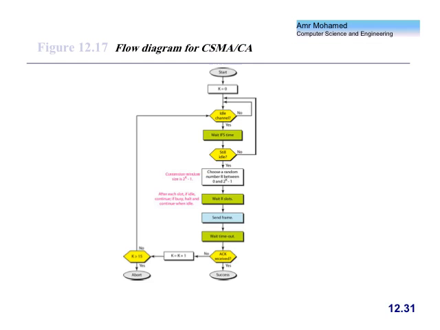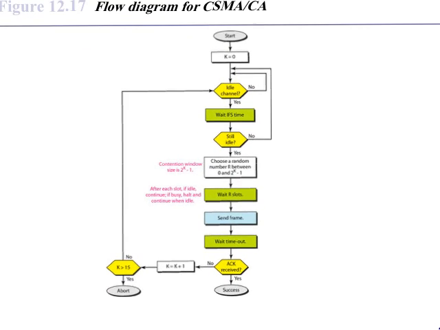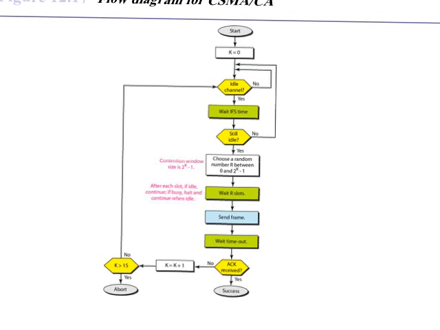Based on that, we can see that there are some major differences compared to CSMA/CD. The first thing we notice here is that the back-off procedure is not done only when there is collision.